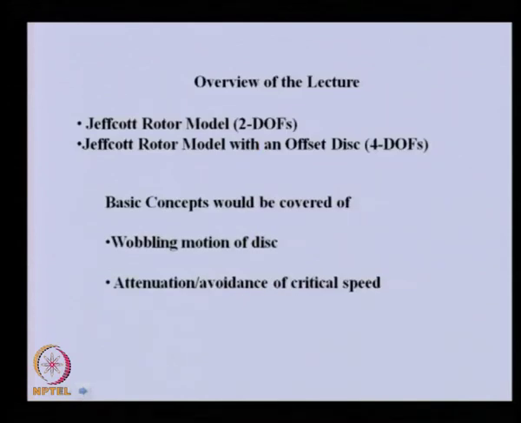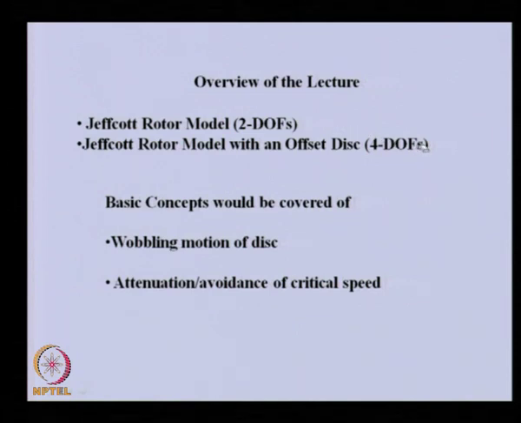overview of the lecture, that is the Jeffcott rotor model with 2 degrees of freedom, then the Jeffcott rotor model with an offset disk that will have a 4 degree of freedom system. In the first case, we will be considering only the linear, that is translation motion of the disk.